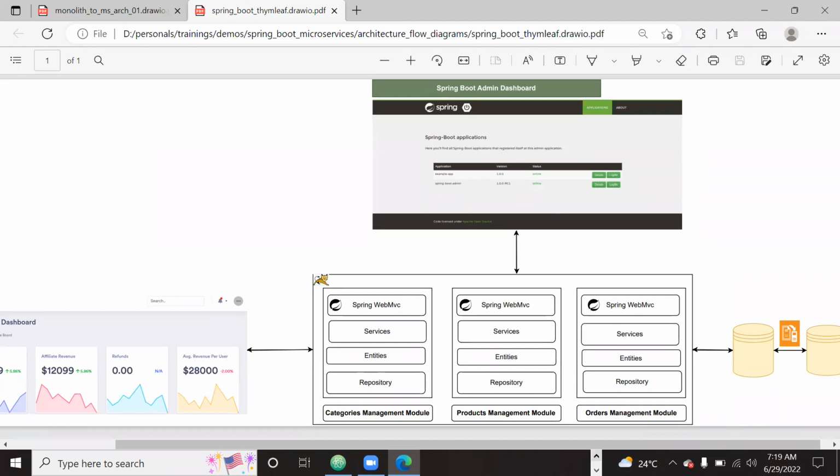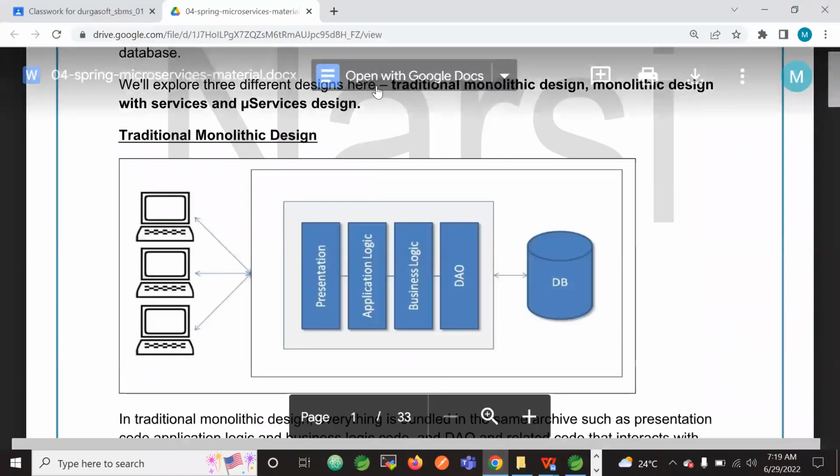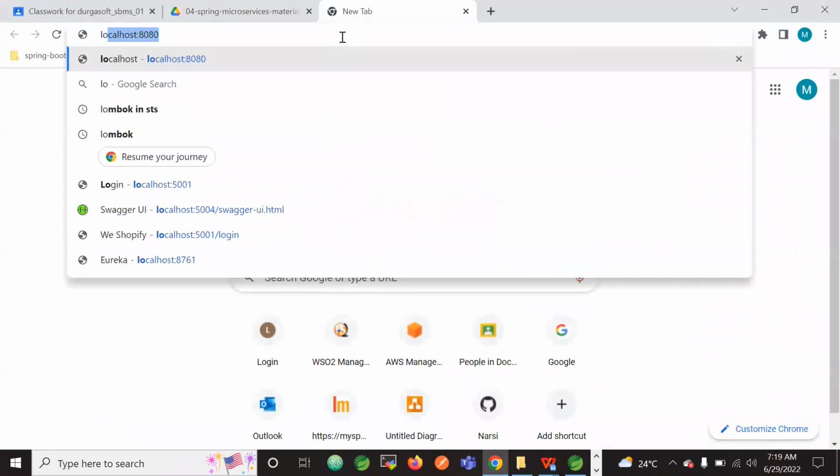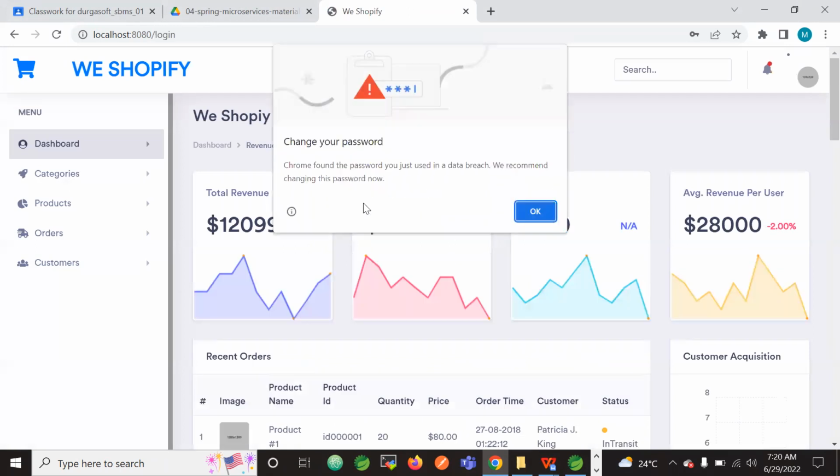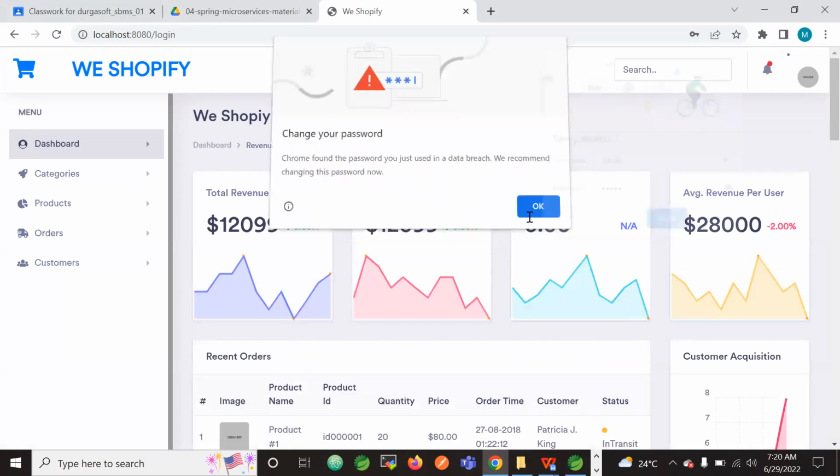Let me first showcase the application, how it looks, then let us see that case. So localhost 8080, this is our application. Let me log in, admin and then admin. Yes, this is our application.